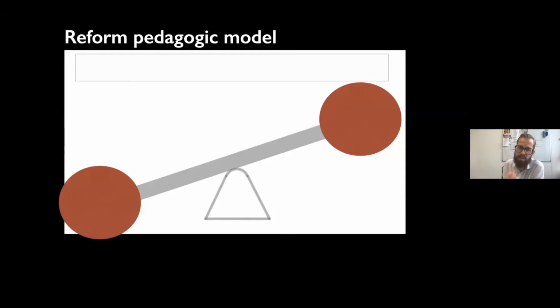A teacher is more or less a facilitator of this process, responsible for a rich learning environment in which children can decide what they want to do and at what time. We call this a reformed pedagogic model of education.